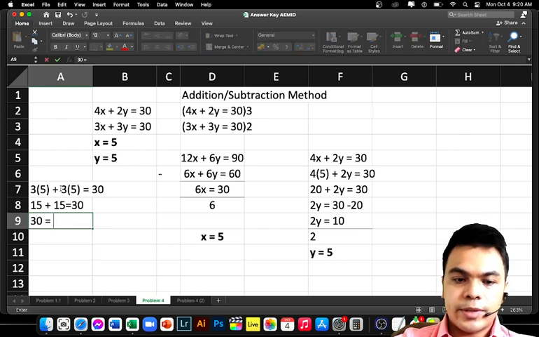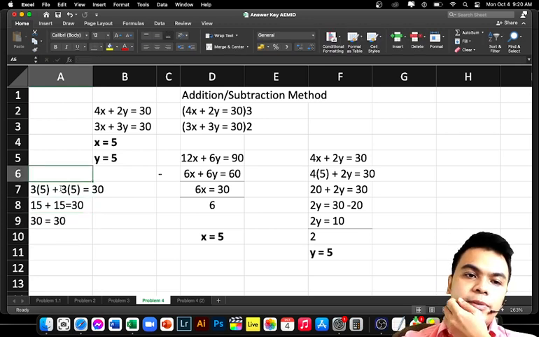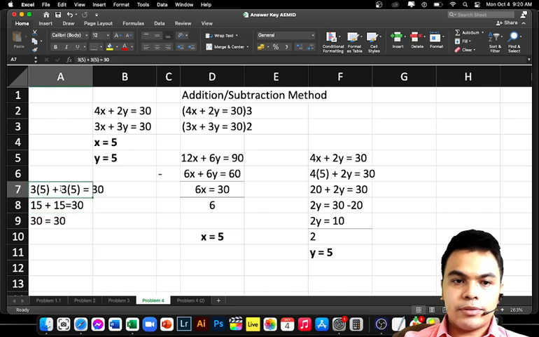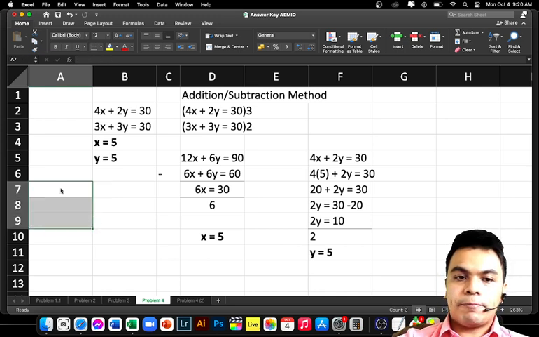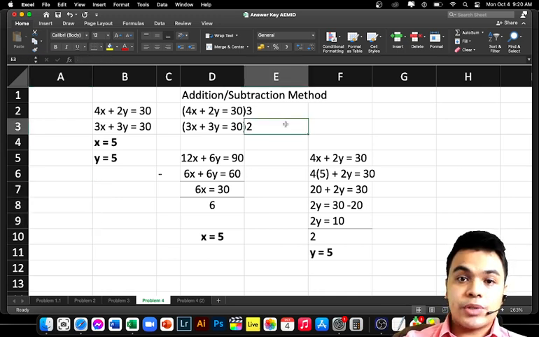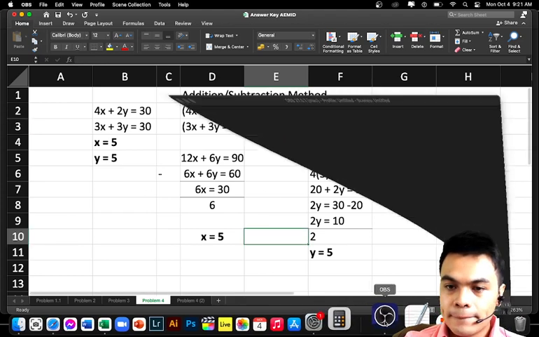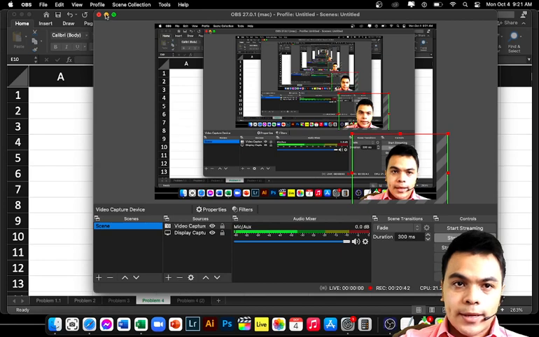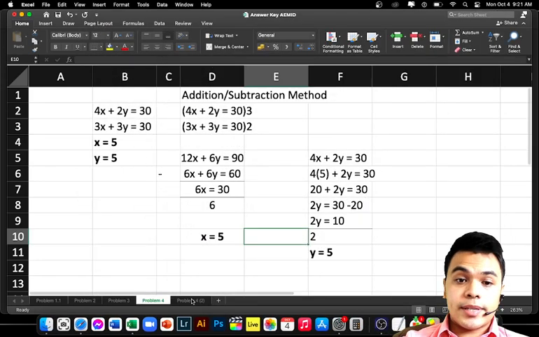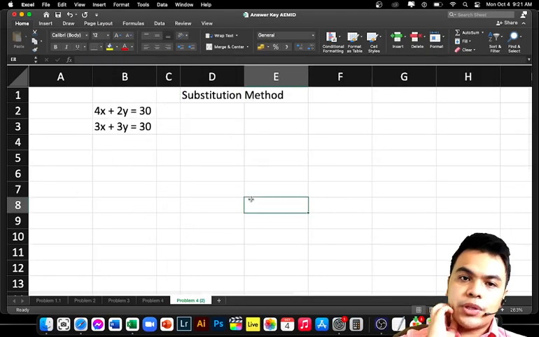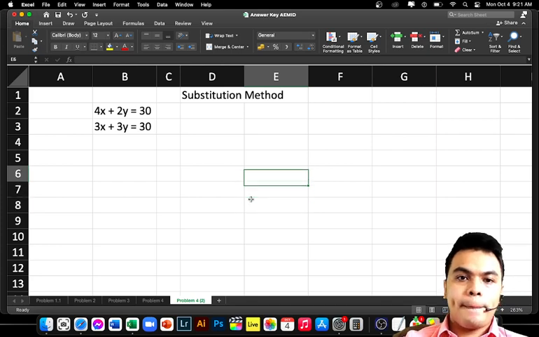Therefore, 30 is equal to 30. Ayan. So, tama yung ating sagot. X is equal to 5 and Y is equal to 5 using addition and subtraction method. Okay, dun tayo sa second naman. How about if we use substitution method?